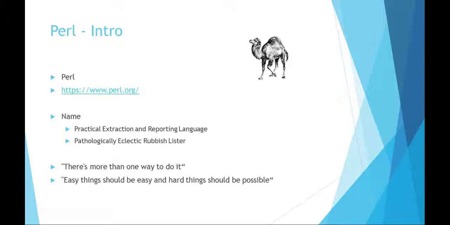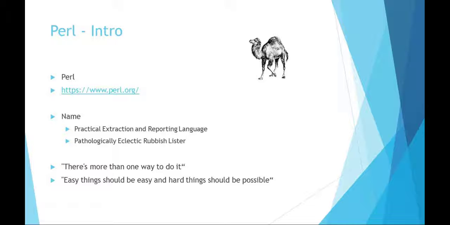Perl's biggest methodology, or I shouldn't say methodology, but philosophy, I guess, is that there's always more than one way to do it, and that's the unique thing about Perl. It's also been said that with Perl, easy things should be easy and hard things should be at least possible.